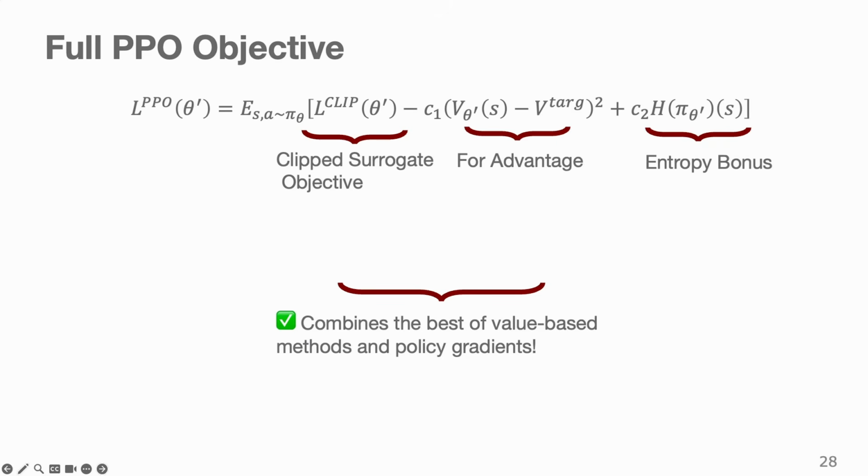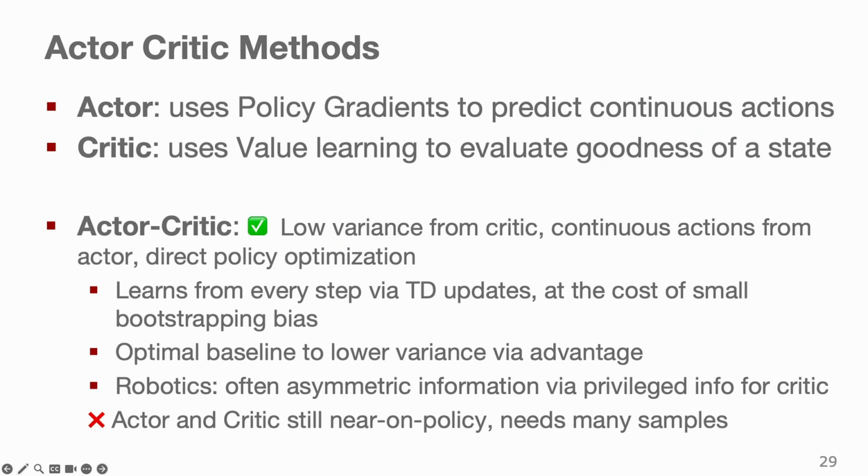And so the key thing here is that this is what we call an actor-critic formulation or architecture. This is very nice because we are combining the best of both worlds: policy gradient approaches that give us direct optimization for the behavior we care about, as well as value-based methods that we use to give us a low-variance baseline through our critic.